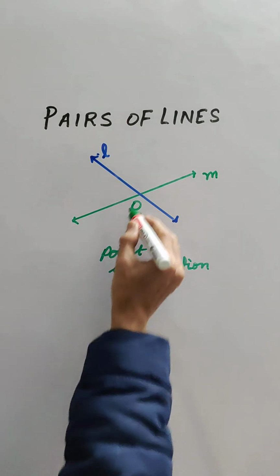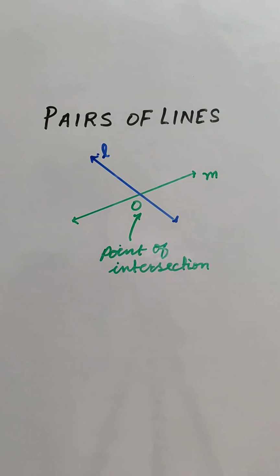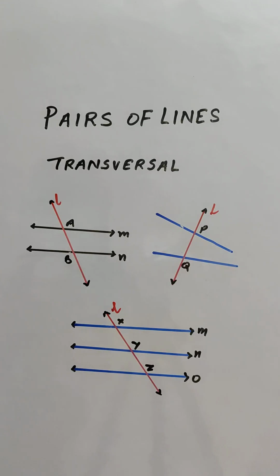Point of intersection. Transversal: a line which intersects two or more given lines in a plane at different points is called a transversal to the given lines.